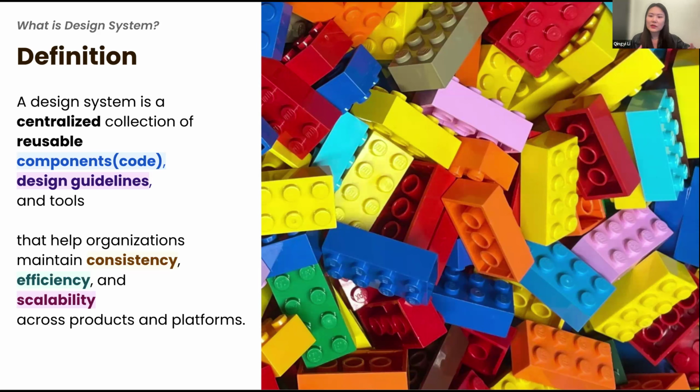This means no matter who's working on the product, they will be using those pieces and putting them together into a whole new thing. So it's about making sure we're using those little elements to build cohesive, uniform products.